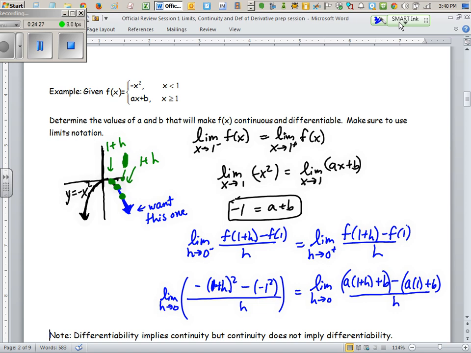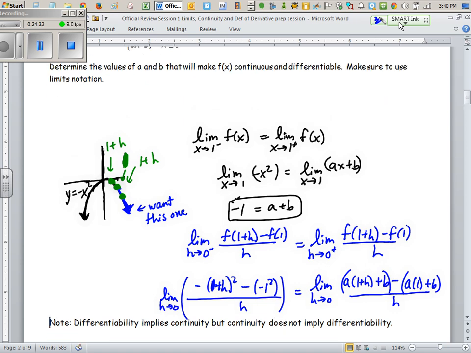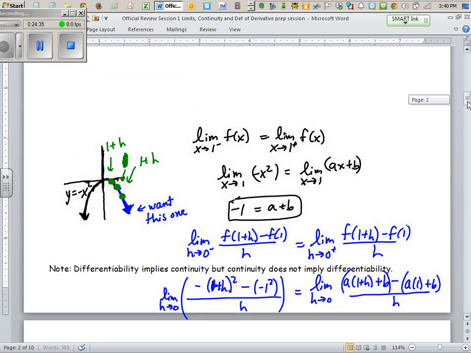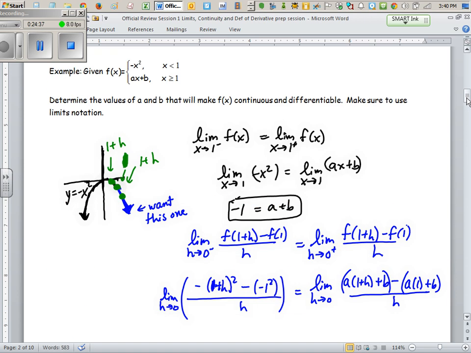So I'll show my work. A lot of work here. Limit, H goes to 0, we have negative 1 minus 2H minus H squared plus 1 all over H. And on the other side, limit, A plus AH plus B minus A minus B all over H, and stuff starts canceling out like crazy.